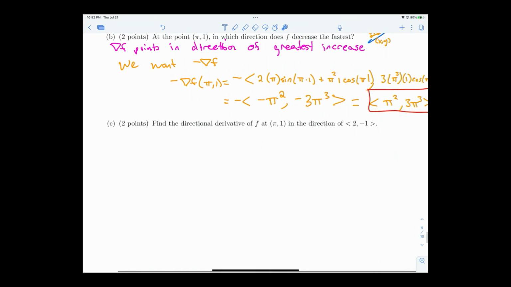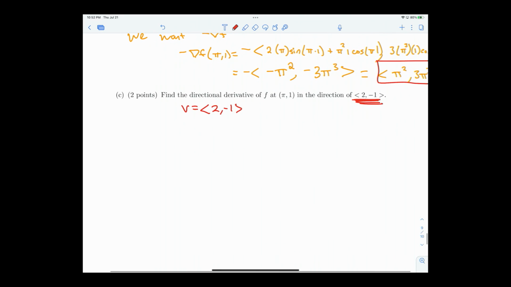Okay, so how do we do this? First of all, we're given this direction, but that's a vector, let's say 2, -1, that's not a unit vector. So to make it a unit vector, we have to do that vector over its magnitude, right?